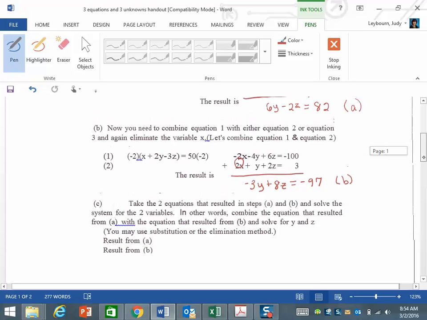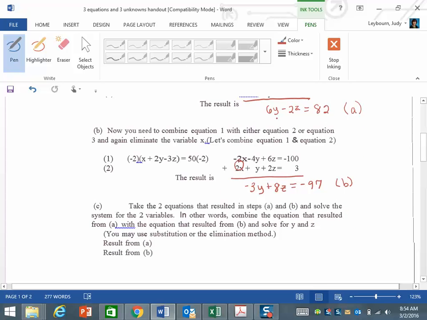Since those two equations have the same variables, y and z, I can solve those either using substitution or elimination. So first I'm going to write down the result of part A, which was 6y minus 2z is equal to 82.